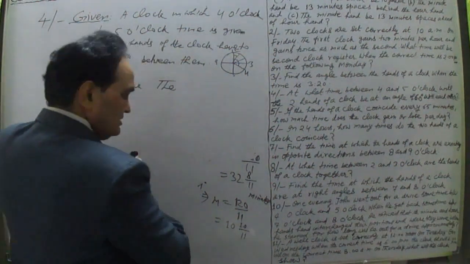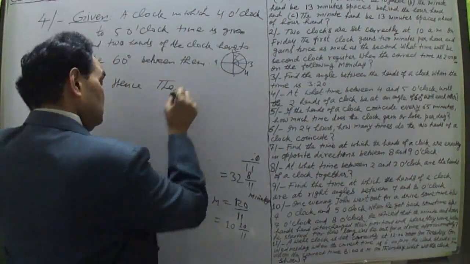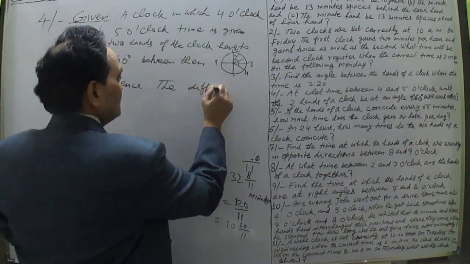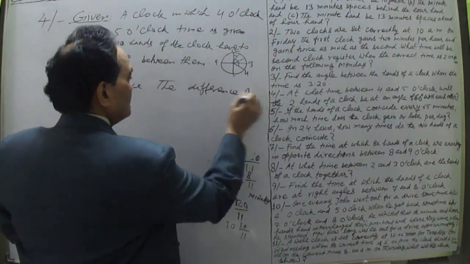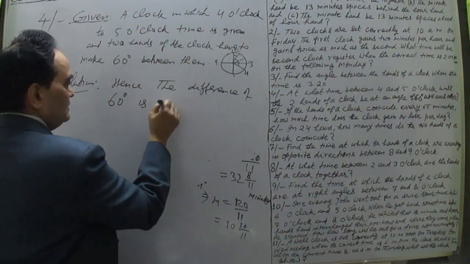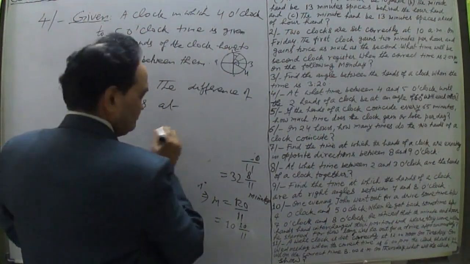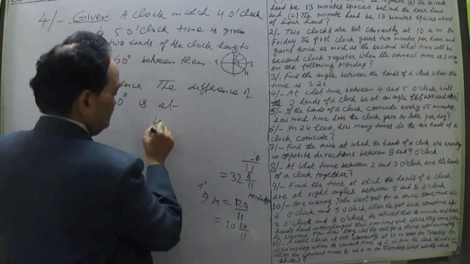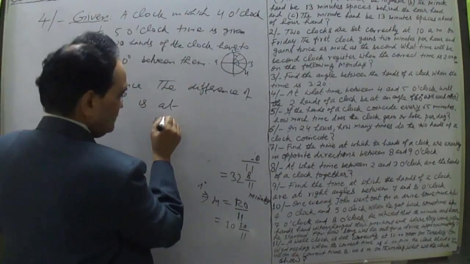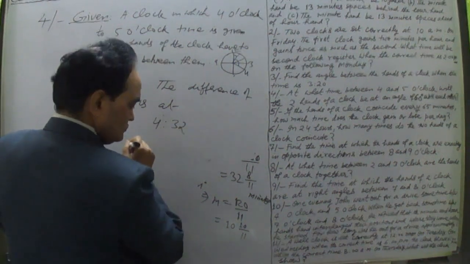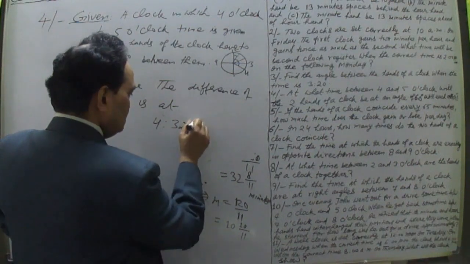The hour hand. Okay, the timing will be how much? Hence the difference of 60 degrees is at, this is 4 o'clock, right? Between 4 and 5, it is 4:32 and 8 upon 11.